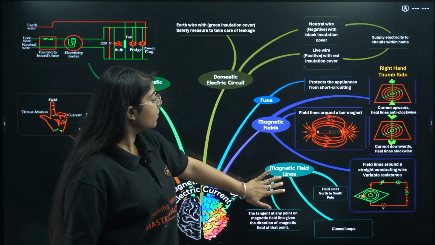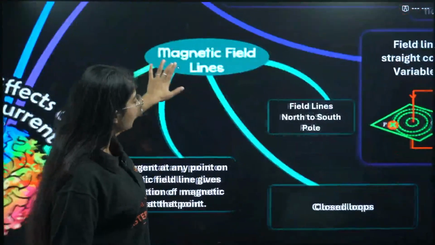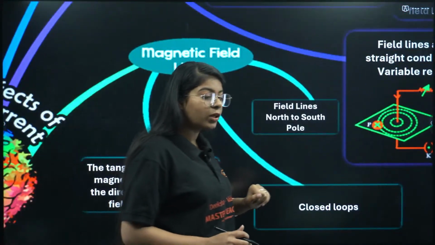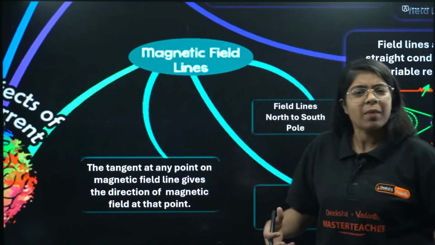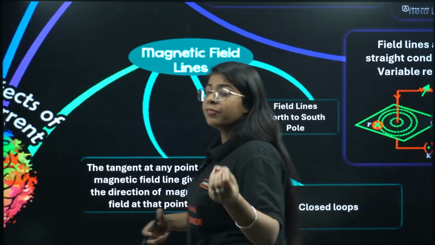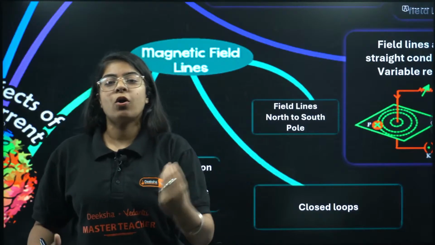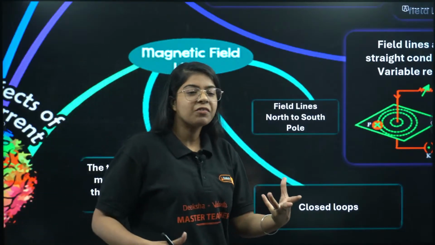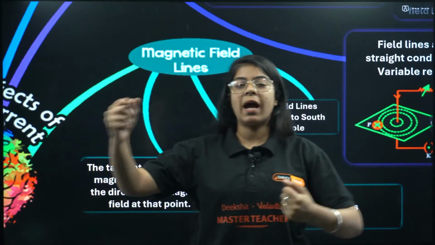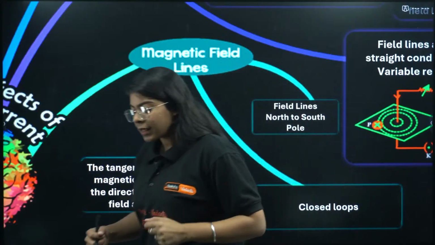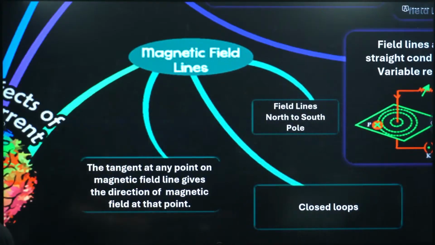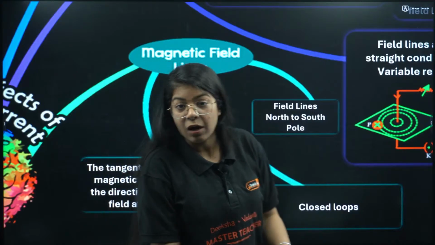The first thing we are going to study is actually magnetic field lines. But before that, what is actually a magnetic field? The basic core of this chapter is magnets. We have magnets which have a North Pole and a South Pole. The main thing about those magnets is that they have a field around them.